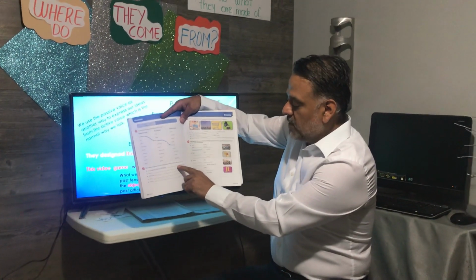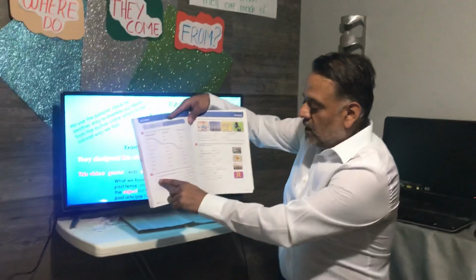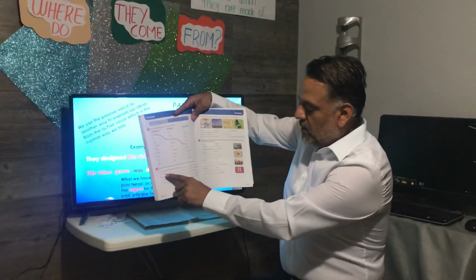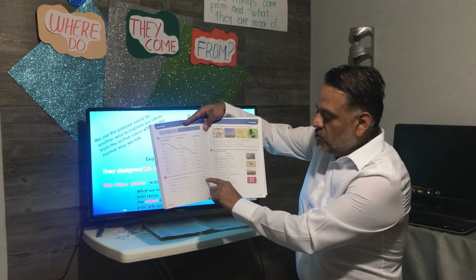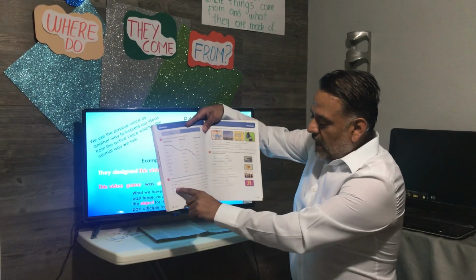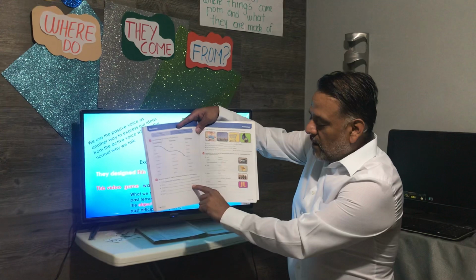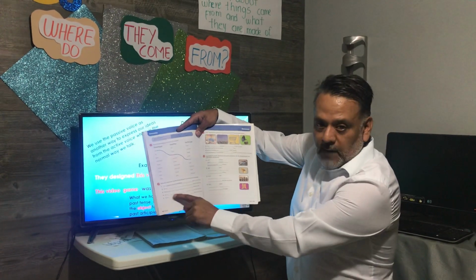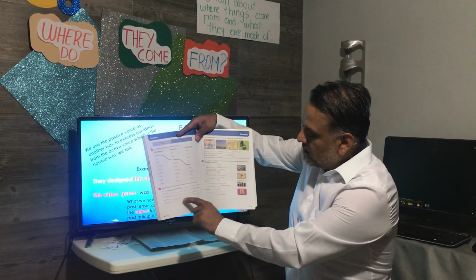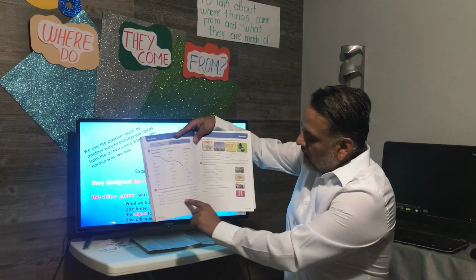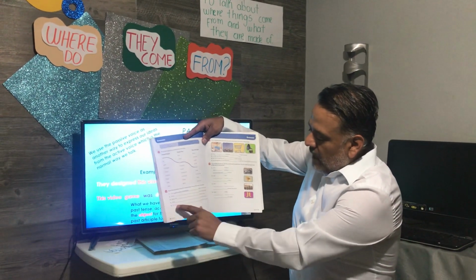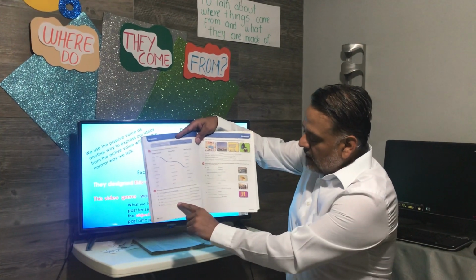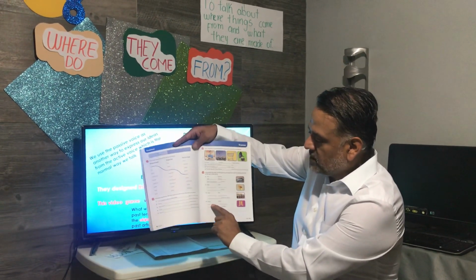Yes, because it says grow in the United States. Now, for example, here, sheep, what? Are raised in New Zealand. Many cars are made in China. Gold is mined in South Africa. And denim is produced in many countries.